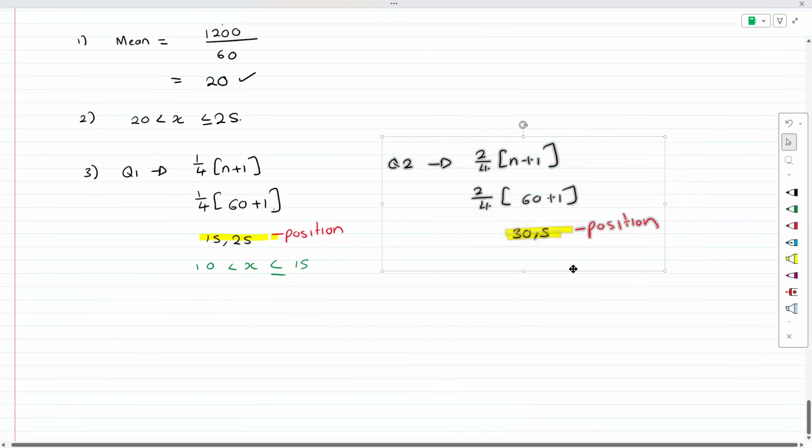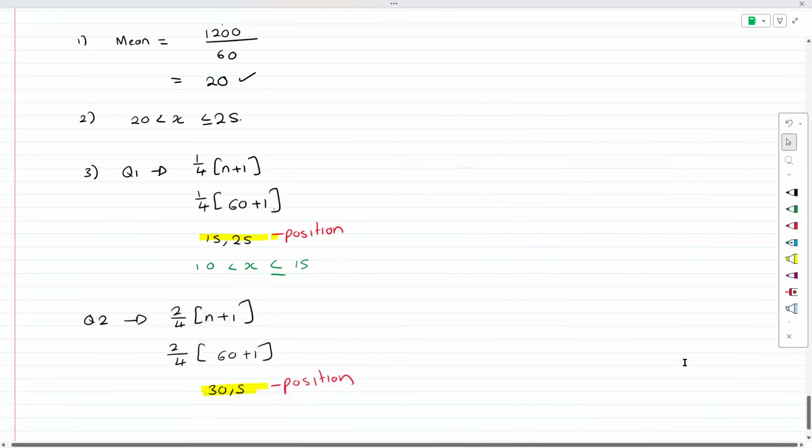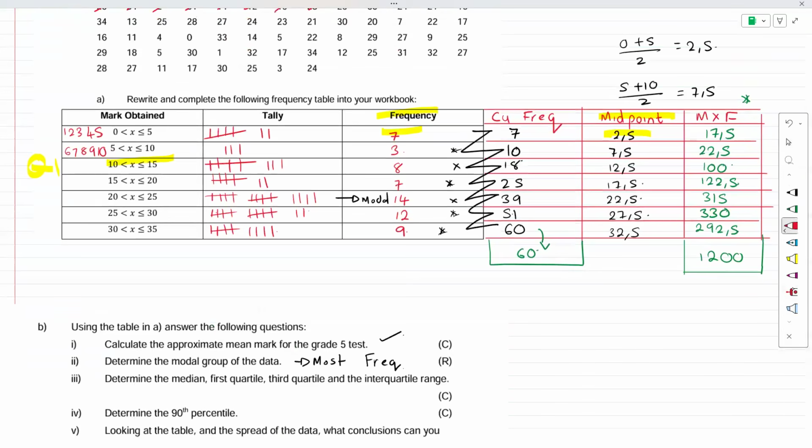Let's go and look for 30.5. 30.5 does not fall here, does not fall here, does not fall here. Now, guys, most of you go look at 39 and think it falls there. It doesn't fall there. Please understand that from 18 to 25 is, ooh, yeah, you guys are right. From 18 to 25, it's not here.